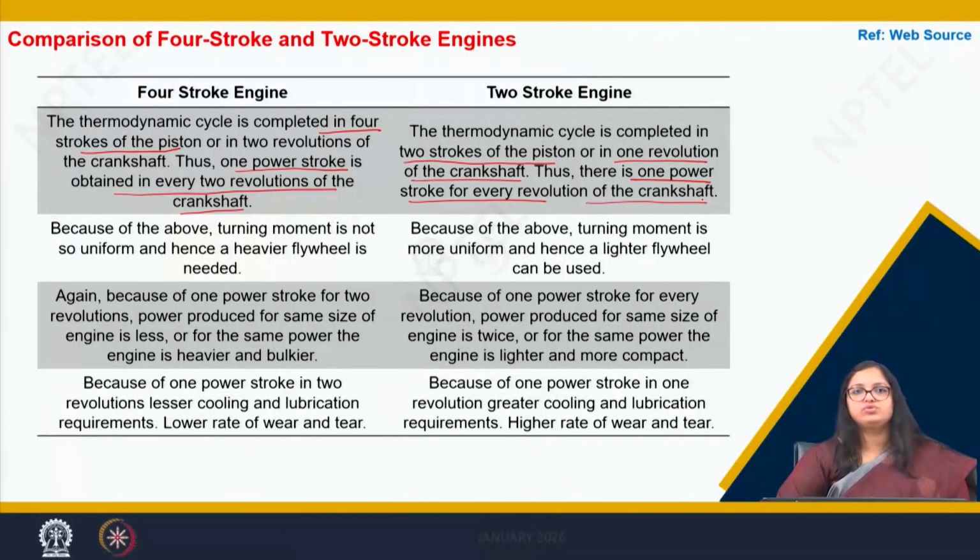Now in 4-stroke, because the thermodynamic cycle gets completed in 4 strokes of the piston, the turning moment diagram is not so uniform, and hence a heavier flywheel is needed.